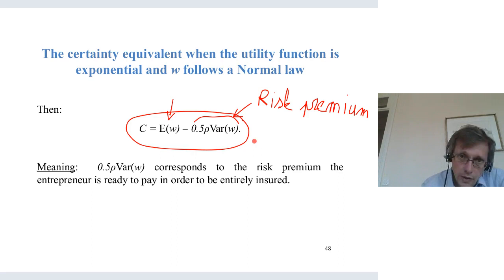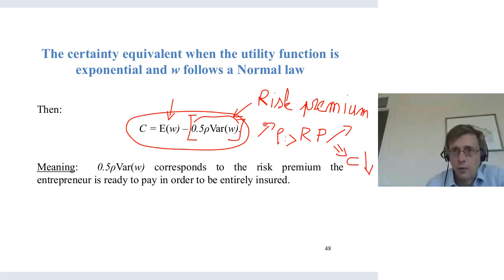And you see that when rho increases, the risk premium also increases, which implies that C decreases.